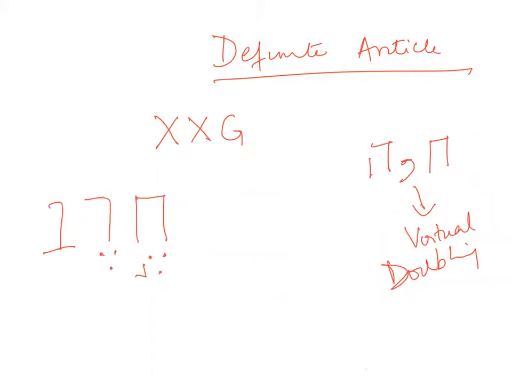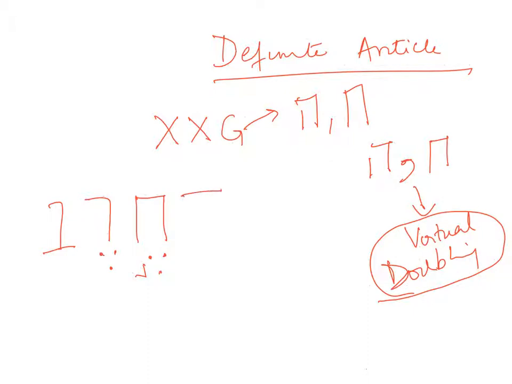But what happens if the first consonant of the noun is a he or a khet? Then there is no compensatory lengthening. There's what we call a virtual doubling. In other words, he and khet are said to be doubled by implication. That is, it is virtually doubled. The word I'm dealing with here is kherev, which means sword.